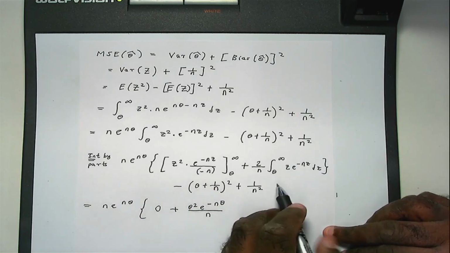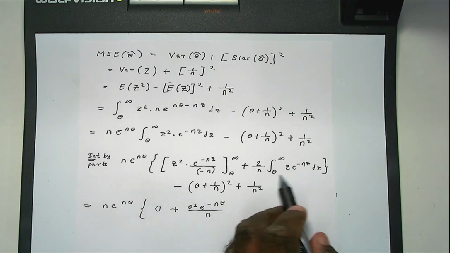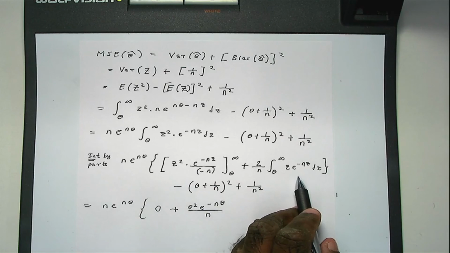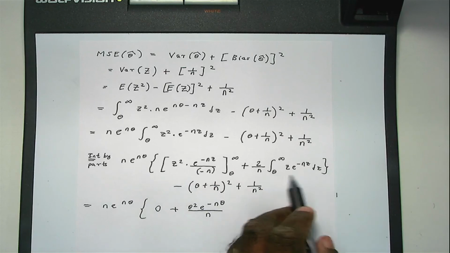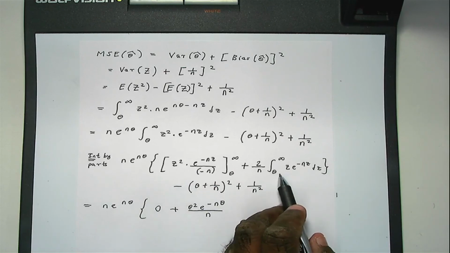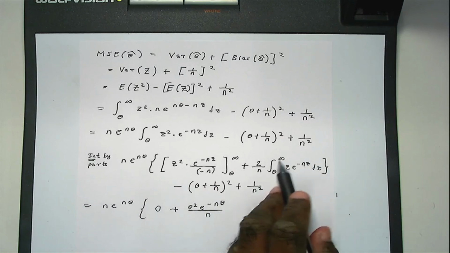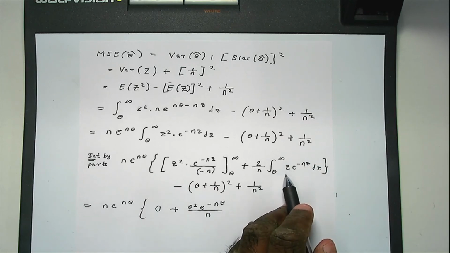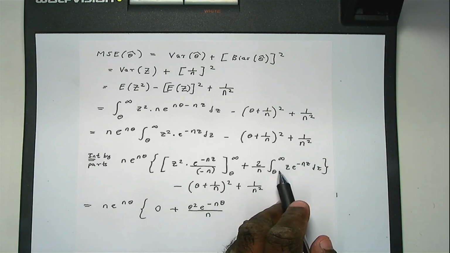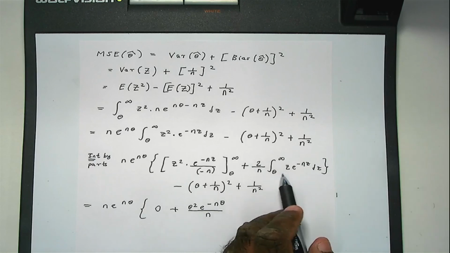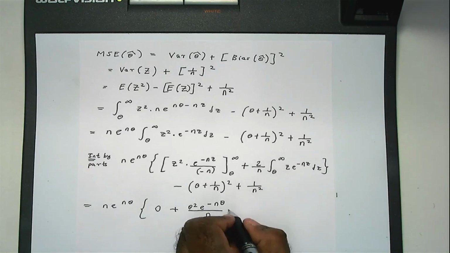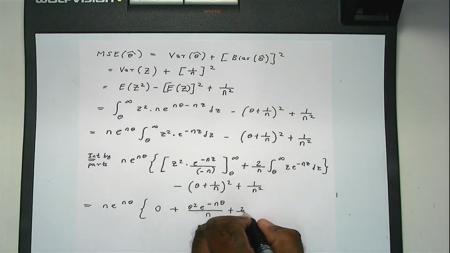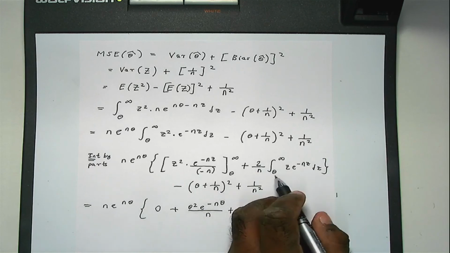And this integral here, we need to apply integration by parts one more time. But as part of finding the bias, we already found this integral by integration by parts. So I'm not going to do that again. I just want to copy what I did in the bias part, and from what we did in the bias part, we know that this guy here is equal to the following.